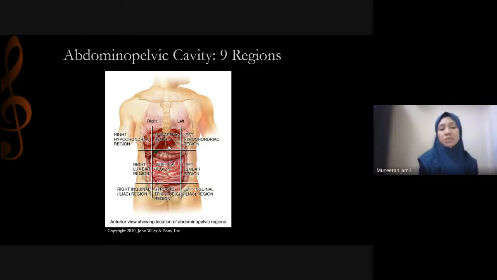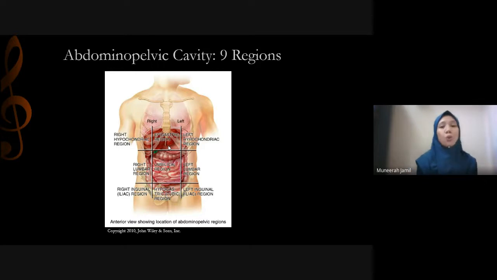That is the epigastric region. So in your report, you write: complaint, epigastric pain. So when you say epigastric pain, you already know the pain is in the epigastric region, for example. So that is how they prepare the report.